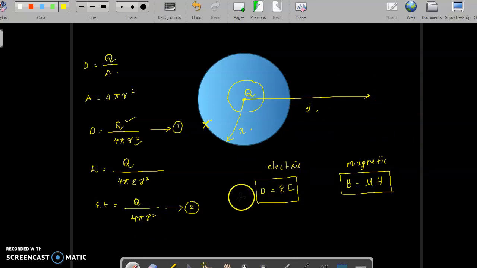So we can equate the expression of electric field intensity and the flux density using this expression. D is epsilon E. It is very easy to understand D and B. D is electric flux density, B is magnetic flux density, whereas E is electric field intensity, H is magnetic field intensity.